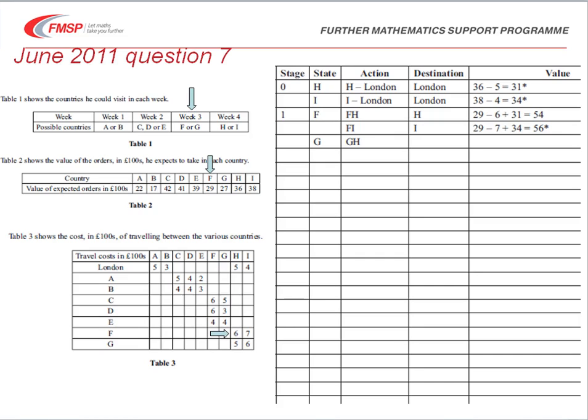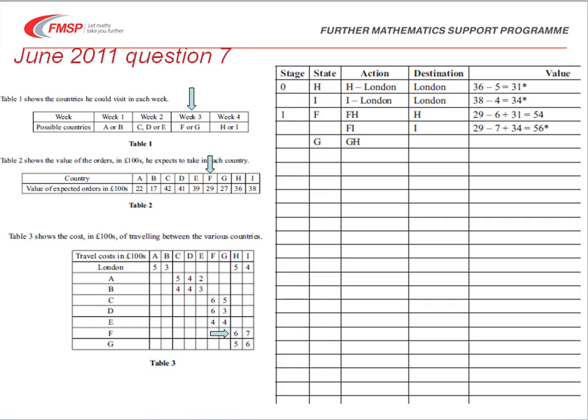We can either do FH, so destination H, and FI, destination I. Now the values there, well, if we look at the table again, at F we expect orders of 29 multiplied by 100, so 2,900, and in terms of hundreds we expect the travel costs rather are 6, so we've got 29 minus 6.